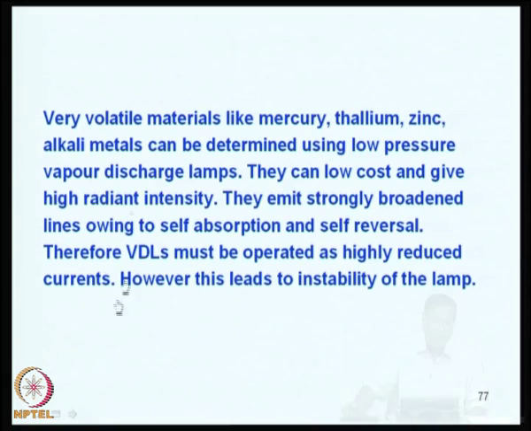Very volatile materials like mercury, thallium, zinc, and alkali metals can be determined using low pressure vapor discharge lamps. You would have seen such lamps, mercury lamps, in day to day life in the markets. They are of low cost and give high radiant intensity.